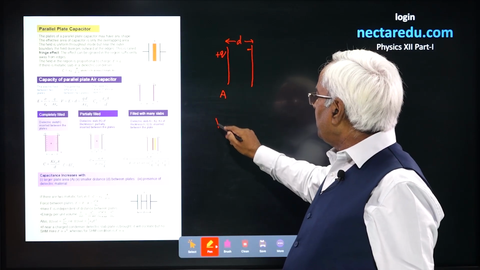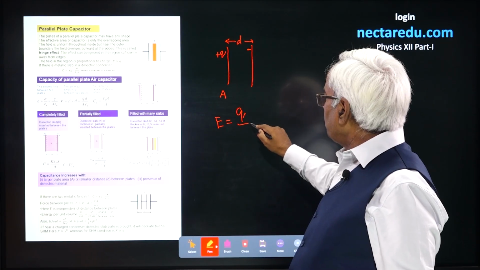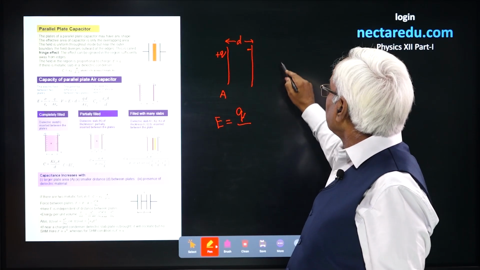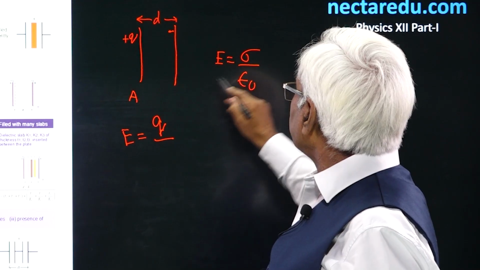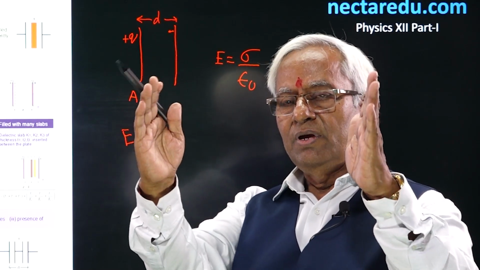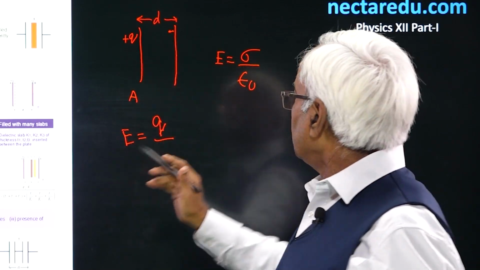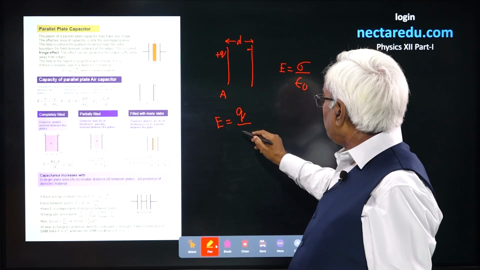The electric field between the plates, E, is given by sigma upon epsilon naught. You already know if there are two equal and opposite plates or sheets, the field between them is like this. Here sigma is Q upon A.